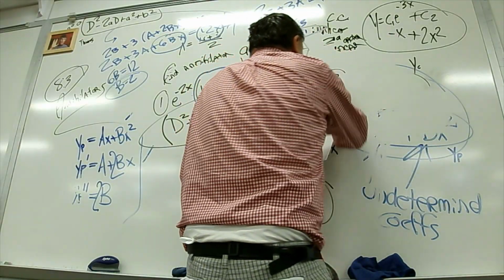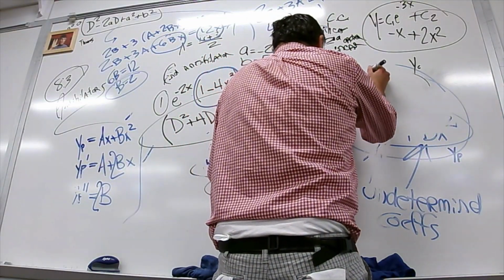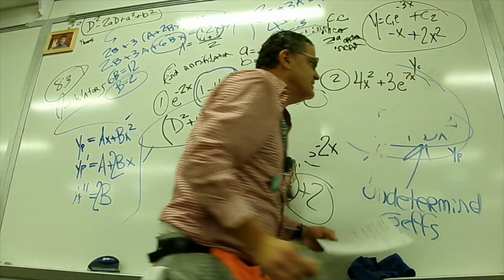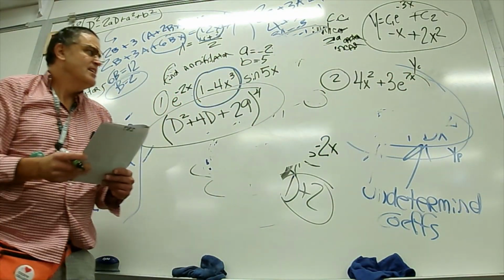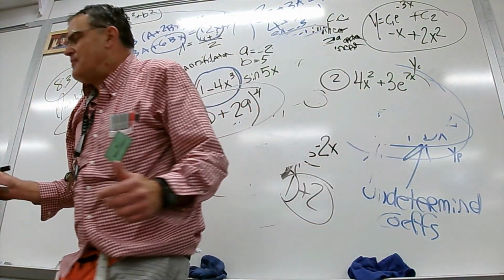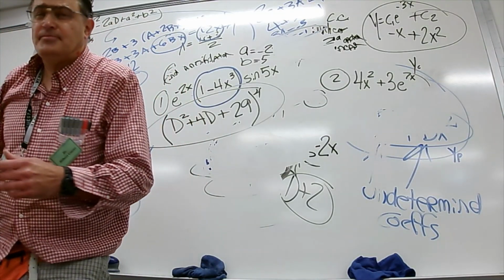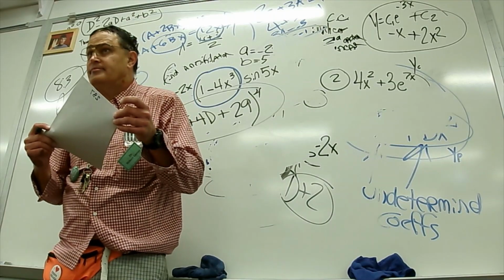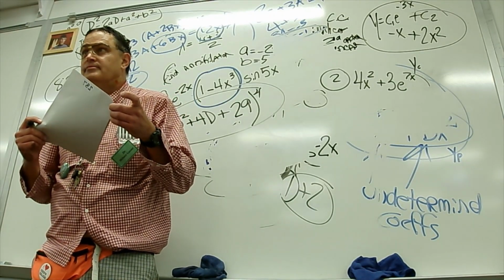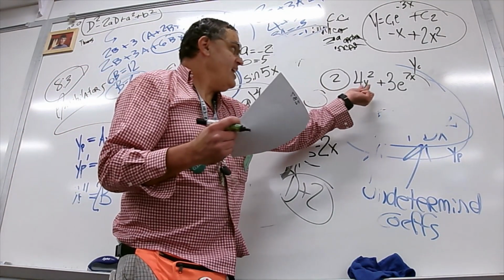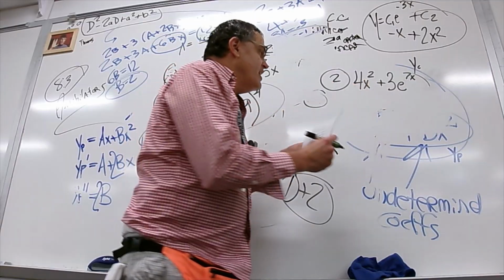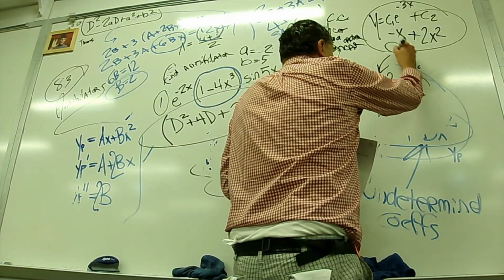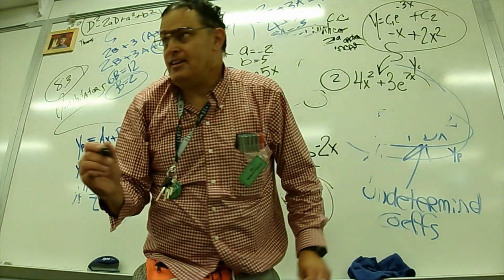Problem number 2. We have 4x squared plus 3e to the 7x. Okay, what are we going to do on this one? So you actually have two different creatures here, and this right here starts with an S. It's not Superman.